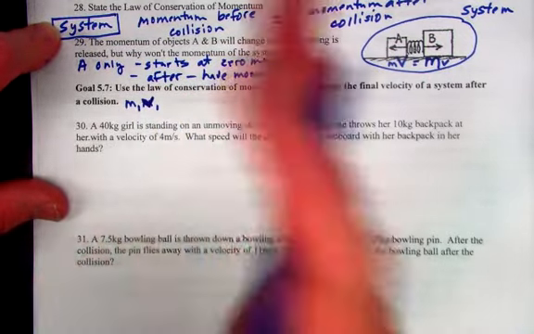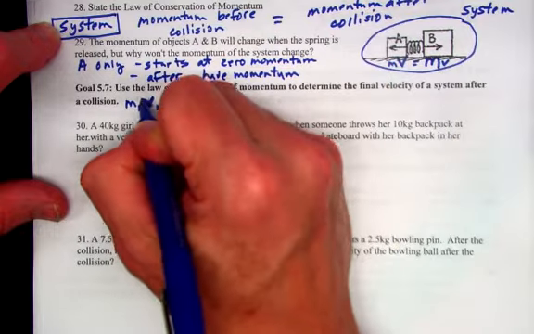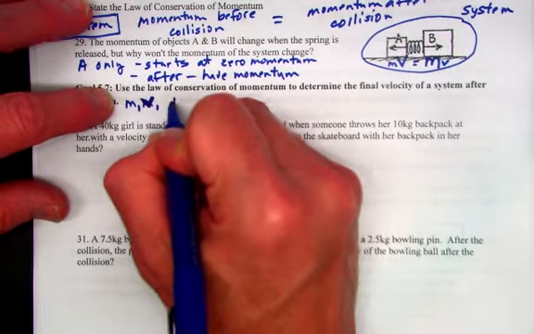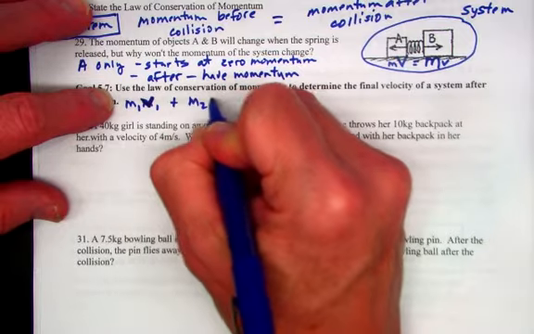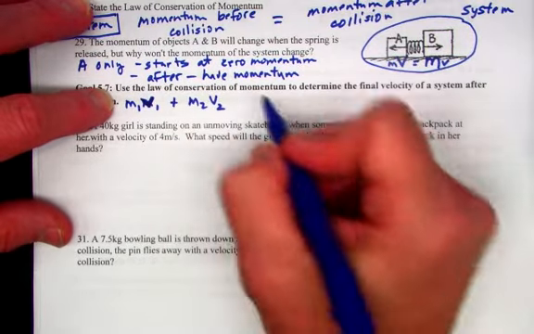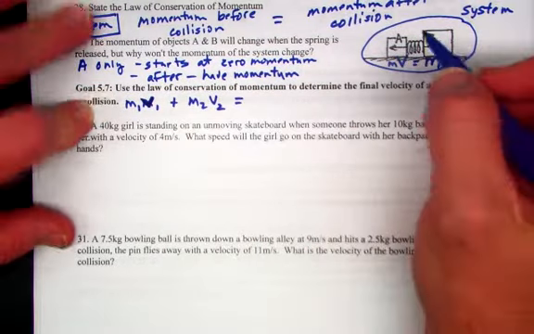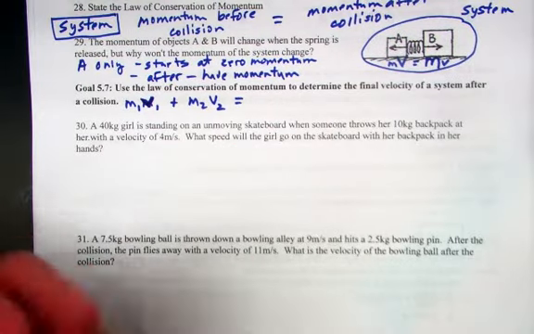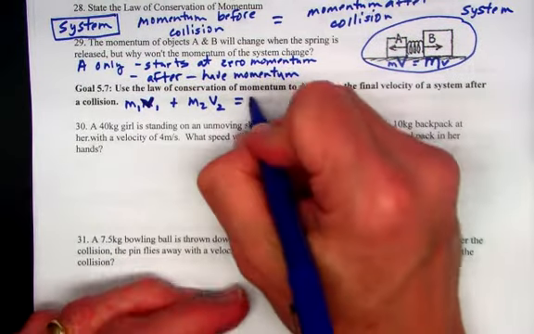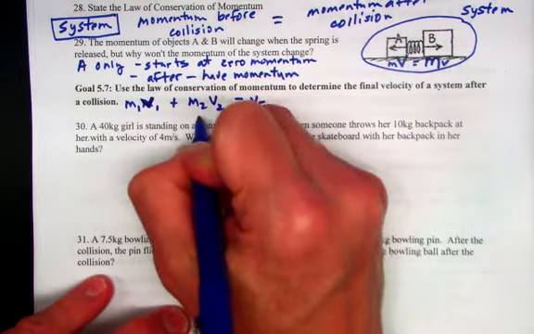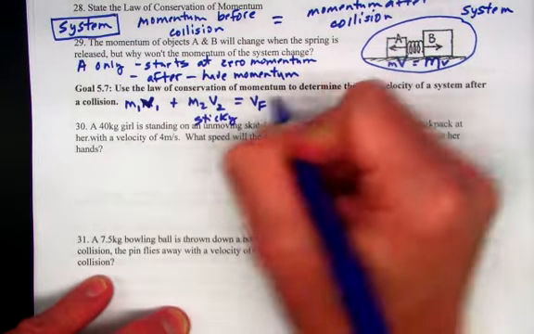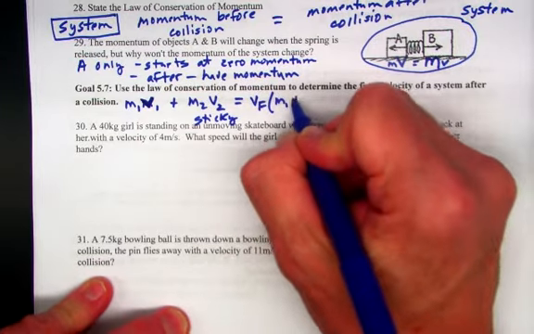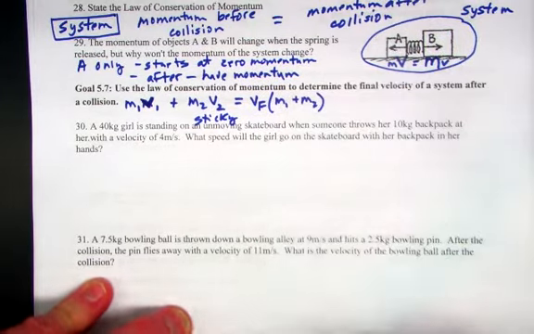So before the collision or the explosion, whatever is happening, the mass of one object times the velocity of one object plus the mass of the second object times the velocity of the second object will equal. And then if it's a sticky collision where two objects connect together and have one velocity, the equation will look like this. The final velocity is the same for both, but M1 and M2 have to be added together.